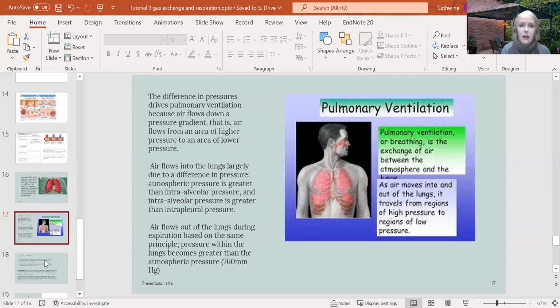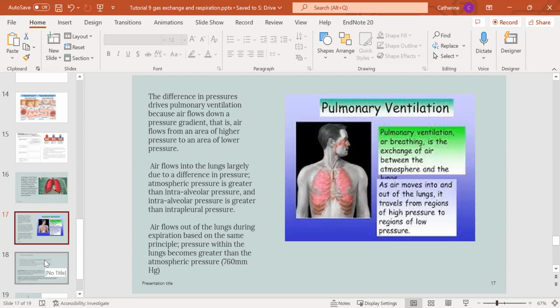Okay, so now pneumothorax. Is anyone able to quickly look up a definition of the good old pneumothorax? Does it just mean collapsed lung?